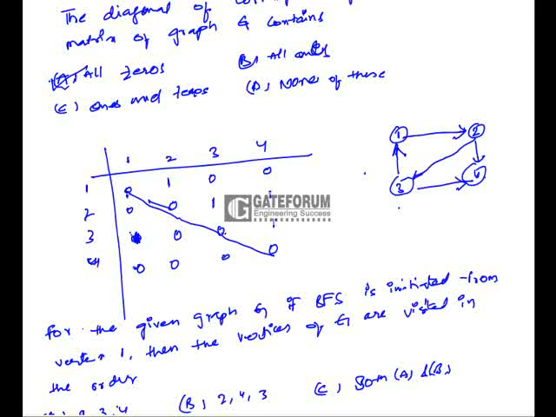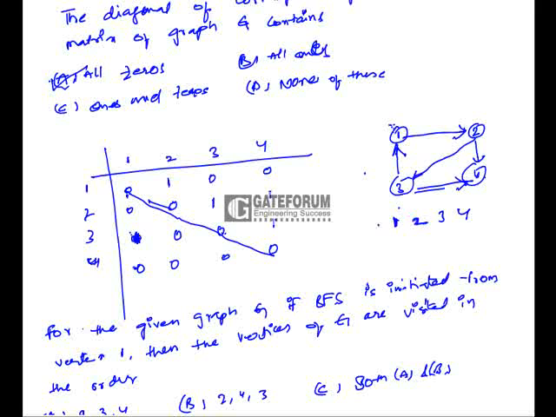So here the question is, we have to do BFS starting at vertex 1. In BFS we visit the vertices level by level. So the next order is from vertex 1 to 2, then 2 to 3, and then 4.